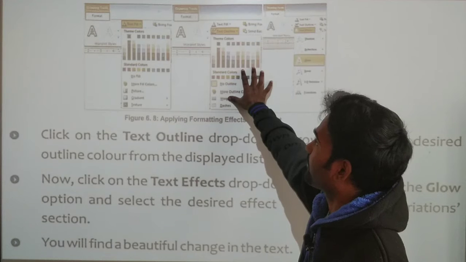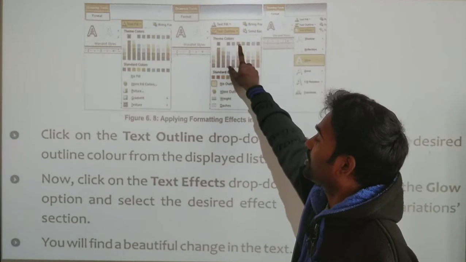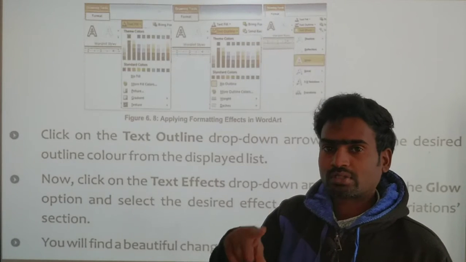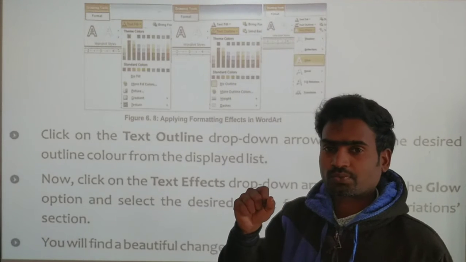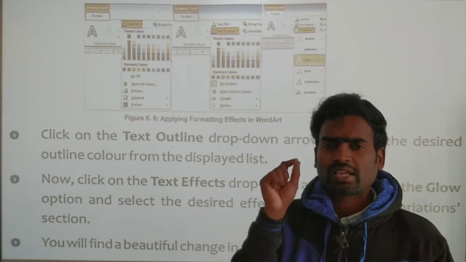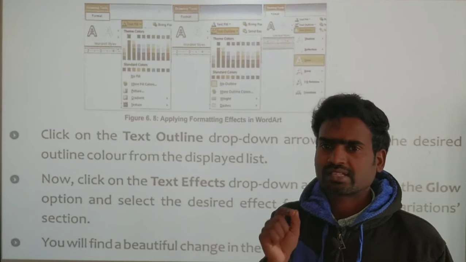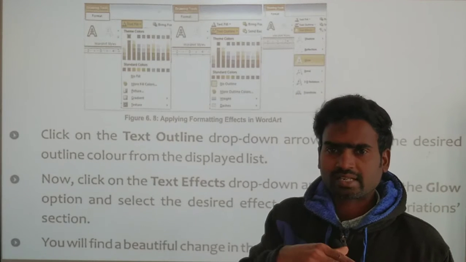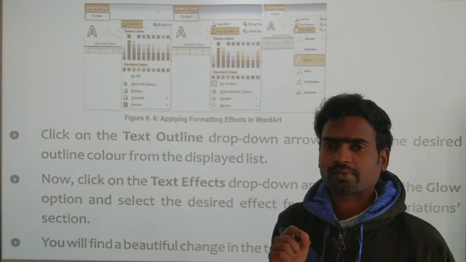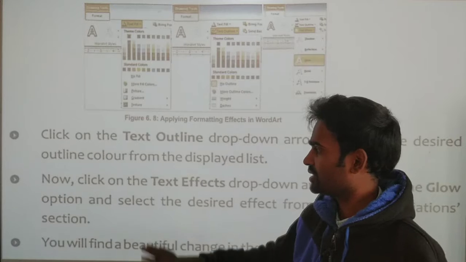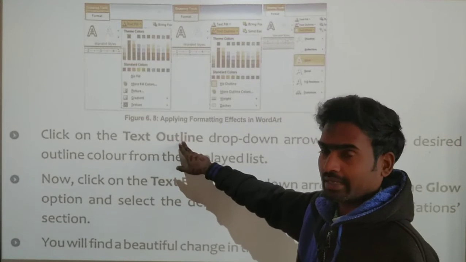So we can fill the outline color also, and we can fill the inside color also. We can change each and every part. Inside, which color you want to fill, and the outline border, how you want. According to our wish, we can change it using the text outline tab, right?